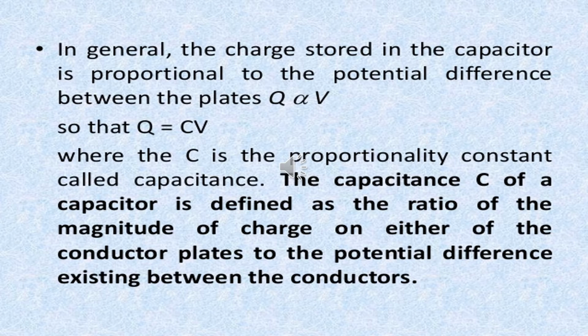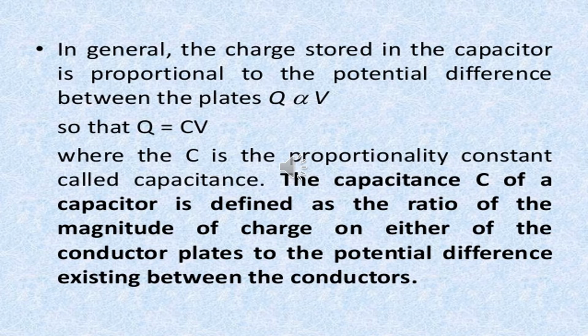So in general, the charge stored in the capacitor is proportional to the potential difference between the plates. Okay? So directly proportional guys yung charge and the voltage, as well as the capacitance. Okay.